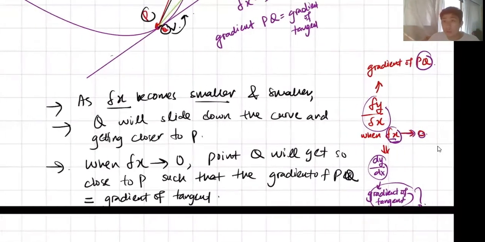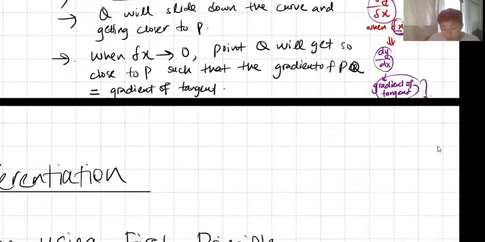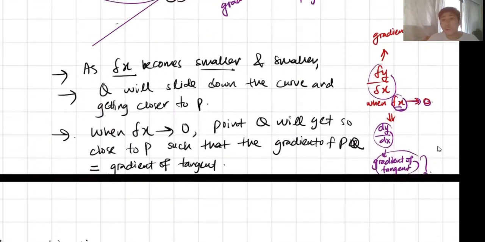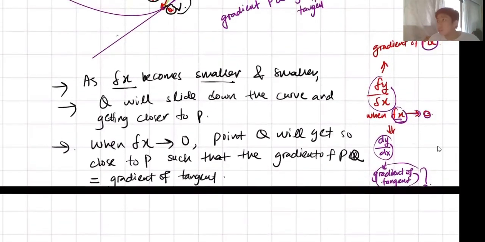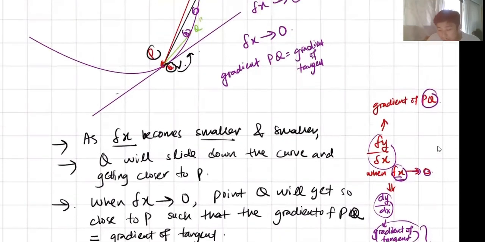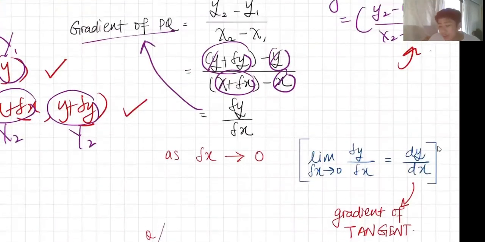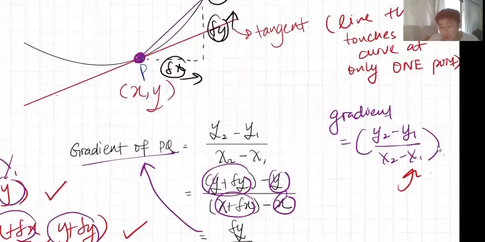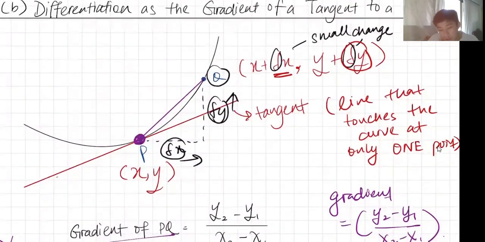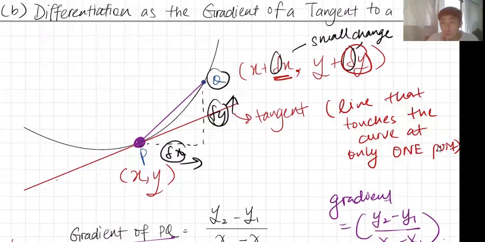So in this whole chapter, after we learn the techniques of differentiation in 2.2, we will do a lot of gradient of tangent, gradient of normal, equation of tangent, all these kinds of things, which are very, very simple, I promise you. You understand what I mean? So this is the understanding of how to understand the gradient of the tangent to the curve.